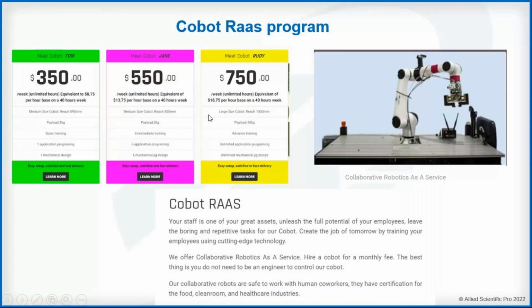Tom is 3 kilograms, Jane is 5 kilograms, and Rudy is 10 kilograms. They have different application programmings, and they're quite useful in helping for laser cleaning. I'll show you a video of using one of those in one of the case studies.